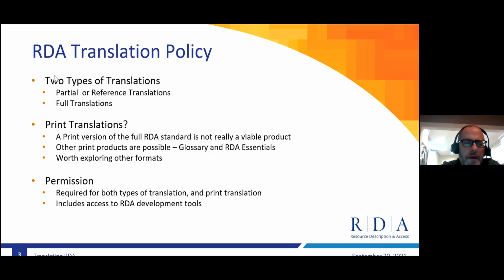That said, there are other print products that are possible. We published the glossary, the complete collection of the entities, elements, vocabularies, and key terms that are associated with RDA, available in print, and we'll also be, hopefully in the next year or so, coming out with an update to RDA Essentials that reflects the changes that occurred with the 3R project.